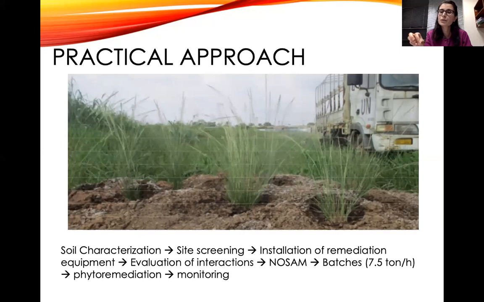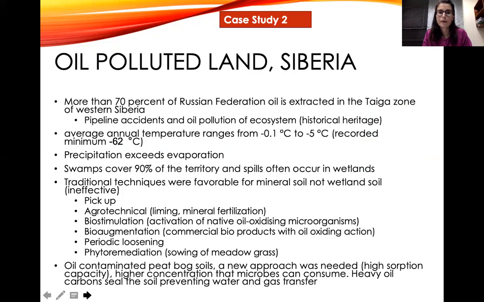Just because a plant is growing there doesn't mean that the soil is healthy, because some plants have the ability to grow in toxic conditions, and some plants have the ability to grow in very, very toxic conditions. So that's why there needs to be monitoring, and that would be the practical approach to remediating the soil, not just bringing populations here and telling them it's now safe to live here.